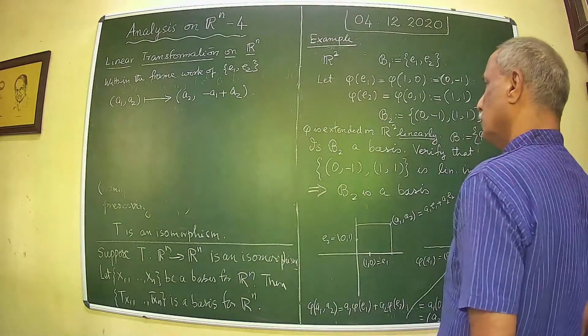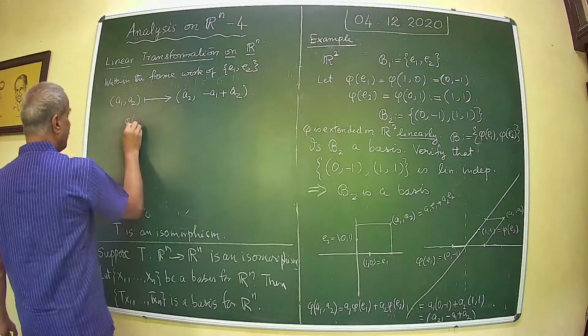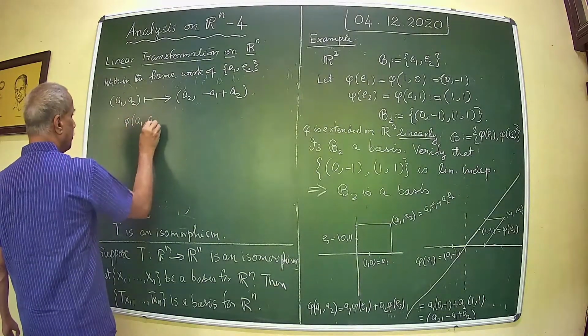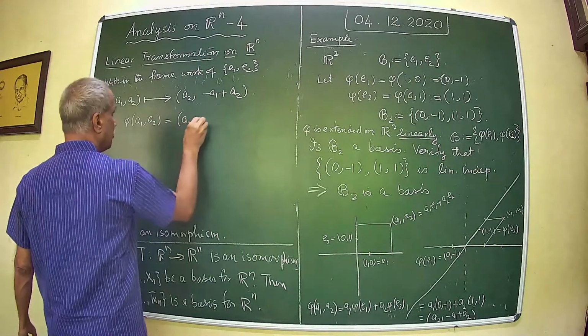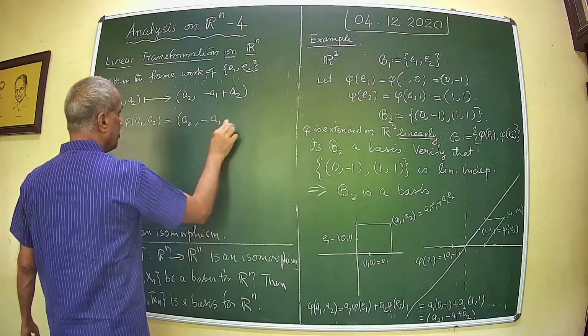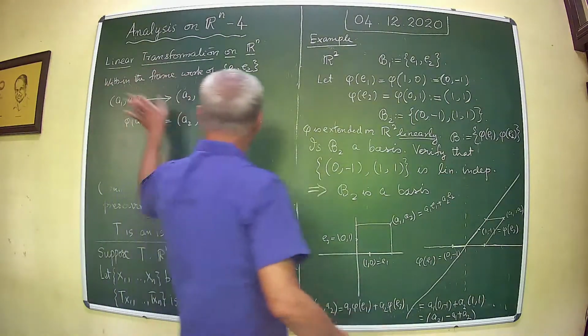Okay, so this is in R2. So phi of (A1, A2) is all within the framework of this.